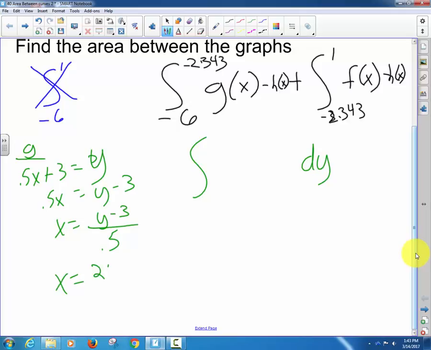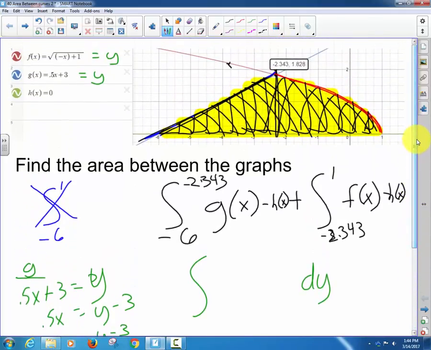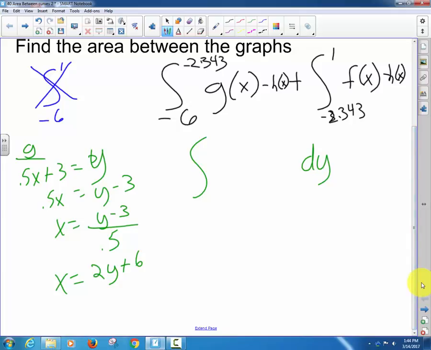Times 2. So it becomes x equals 2y plus 6. That becomes one of our functions in terms of y. Now, which of the functions is 2y plus 6? Is the blue and black line 2y plus 6, or is this curved red one? The black one. So think of this as our g function, okay?